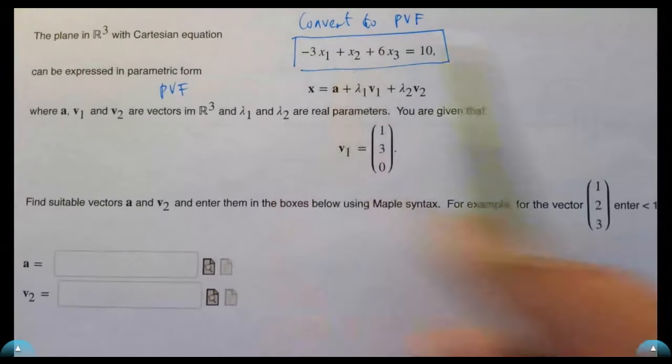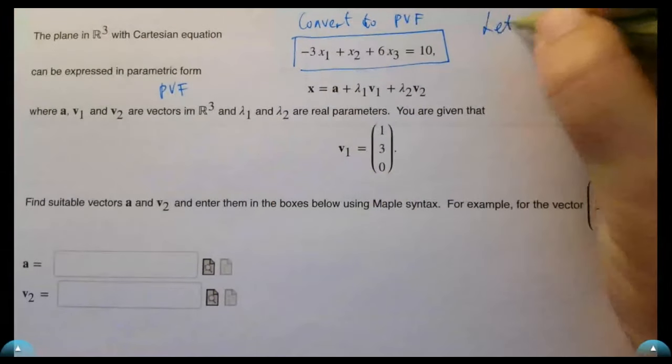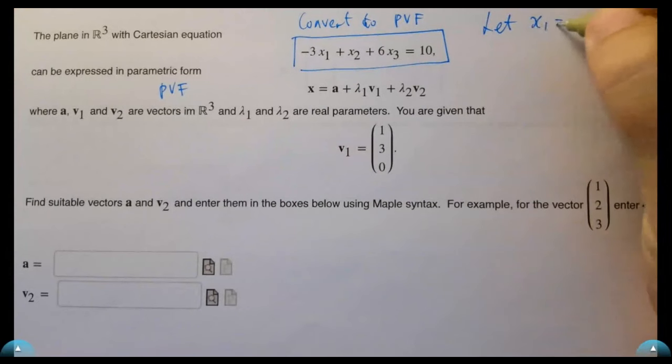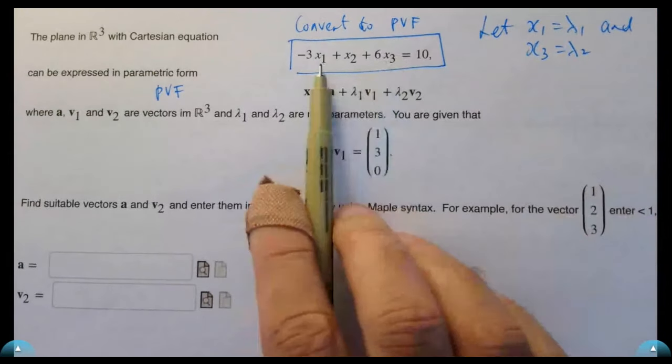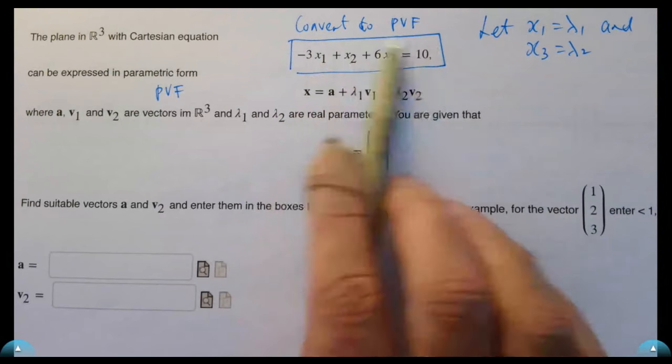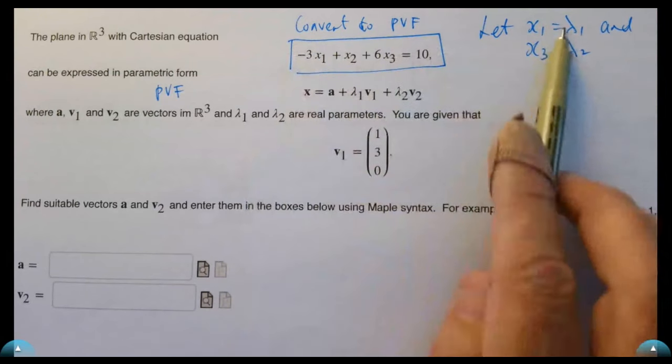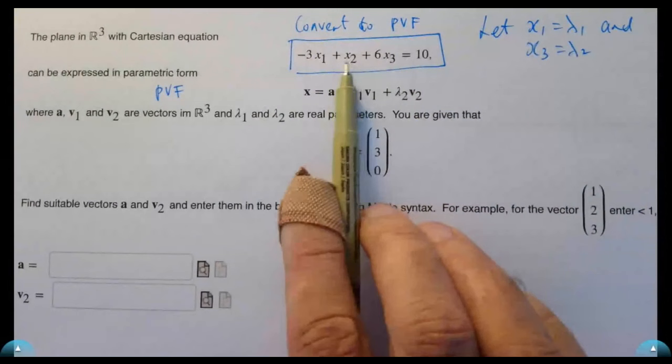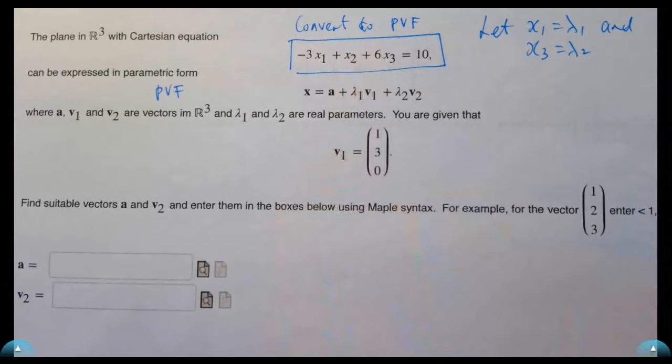And so I'm going to let x1 be lambda 1 and x3 be lambda 2. Now, why did I make those choices? Well, I'm glad you asked. The reason here is when I rearrange this equation with these settings, it's very easy to get the x2 on its own.